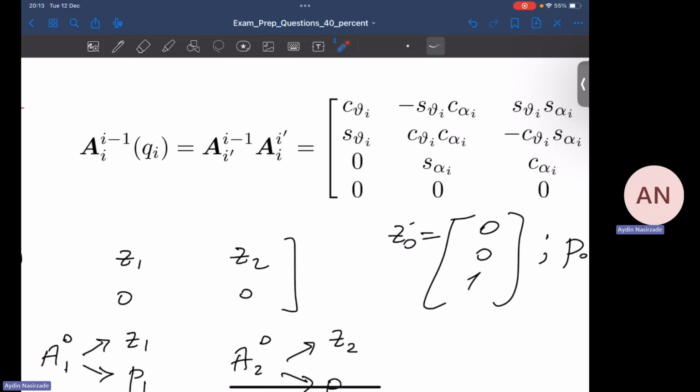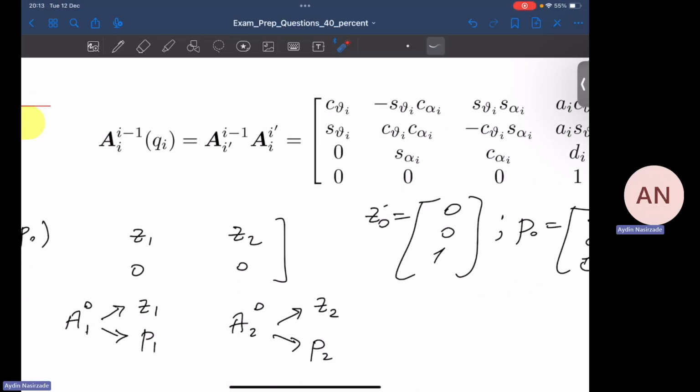And you see this formula. So instead of I, we substitute 1, so I minus 1 becomes 0, right?